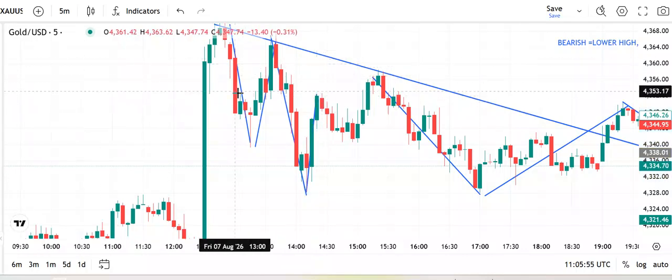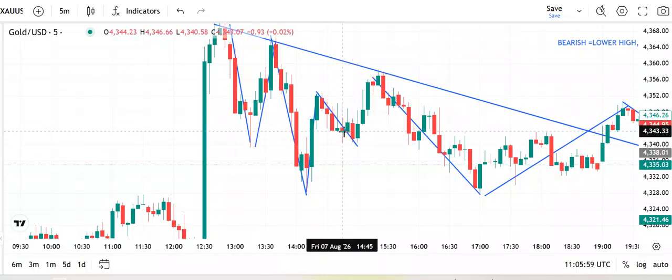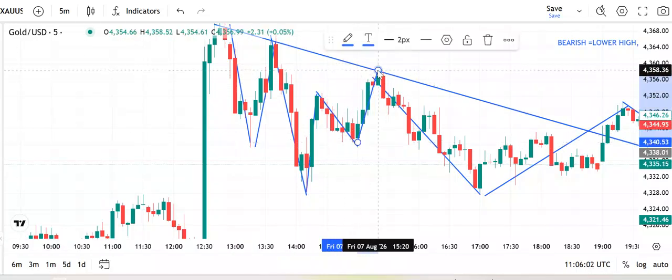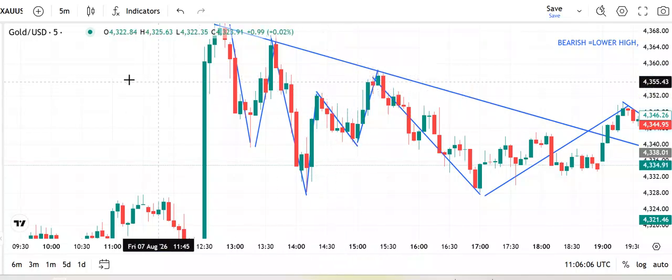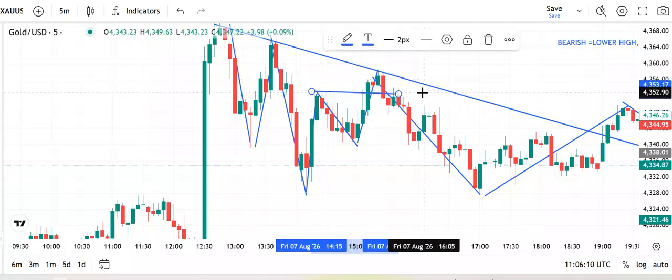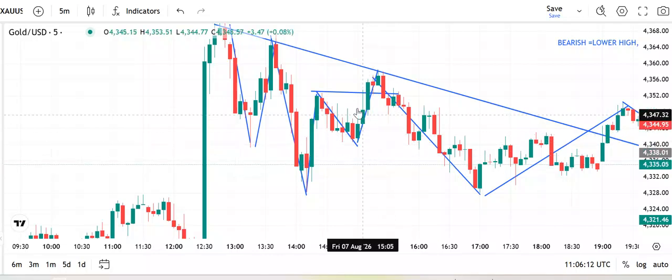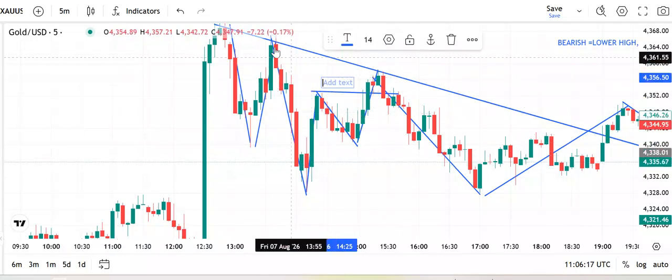Then we see higher low, and then we see higher high. Okay, this point is change of character. Well, it failed since price backtracked and continued to drop. Here we have change of character, but price backtracked.